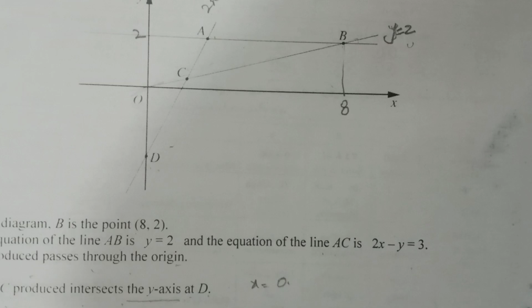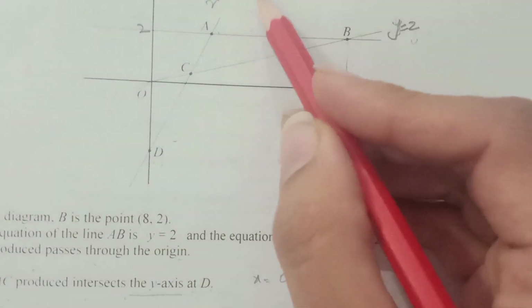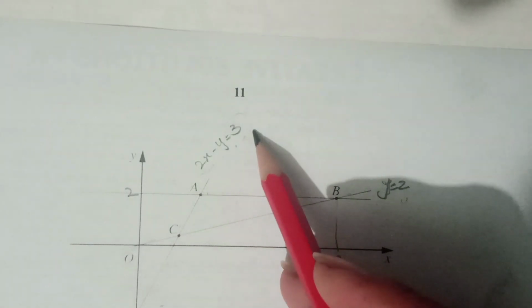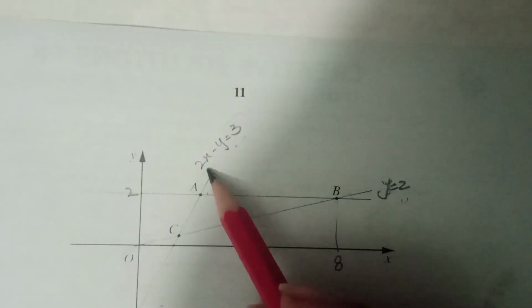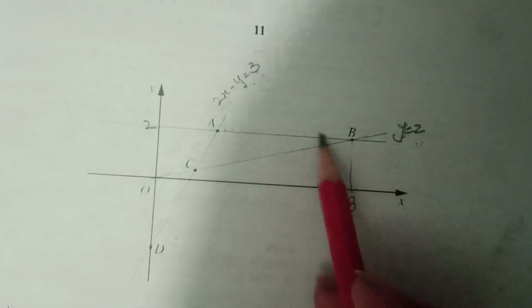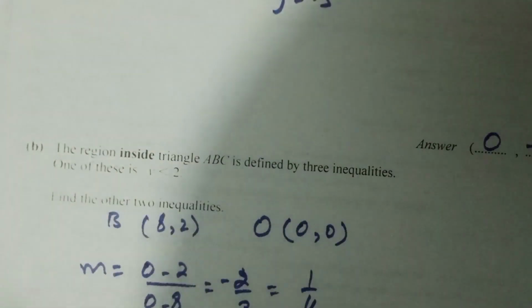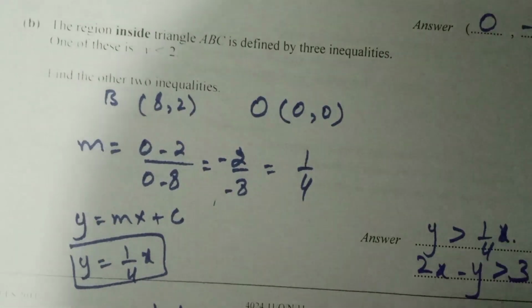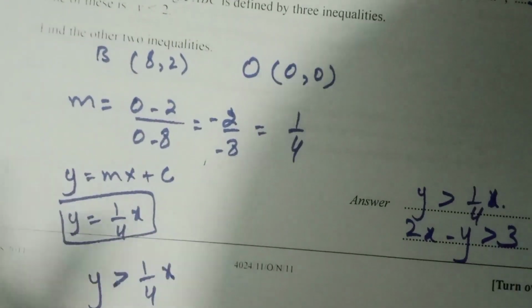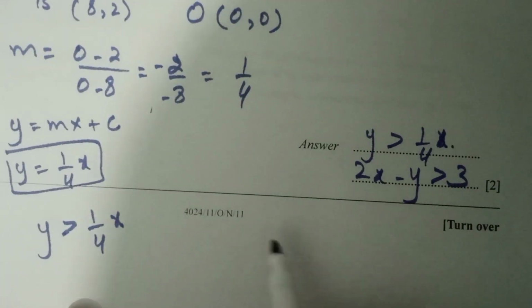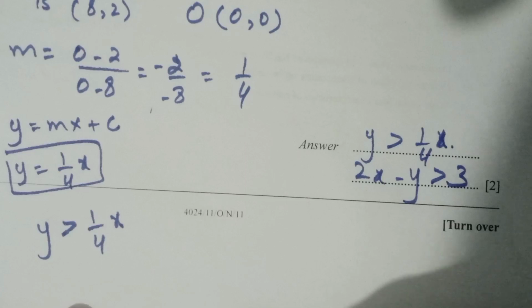And the second is AC, which is given to us, 2x minus y is equal to 3, and we see that the portion lies in, it means this is also increasing, and we can write this inequality like that, 2x minus y is greater than 3. This question is also solved, and this is a question of October-November 2011 of variant 1.